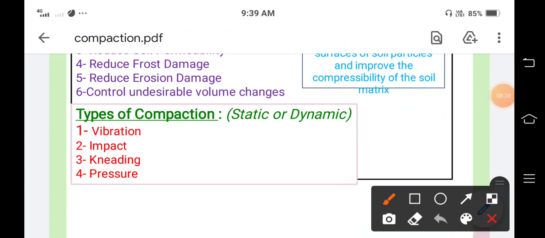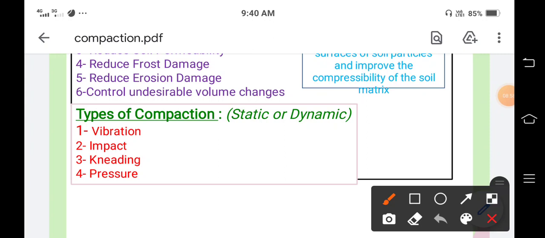This compaction can be done in the following ways. It can be done by either static or dynamic processes. Static means applying a steady load, that is a constant load, and dynamic means applying repetitive effort, or repeated blows.